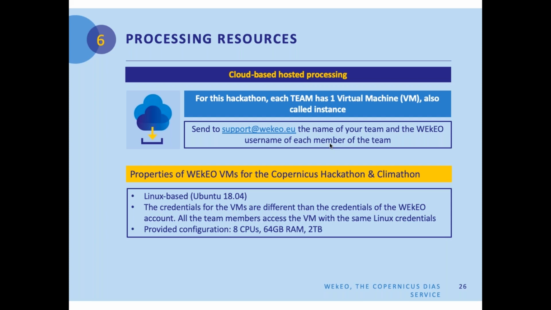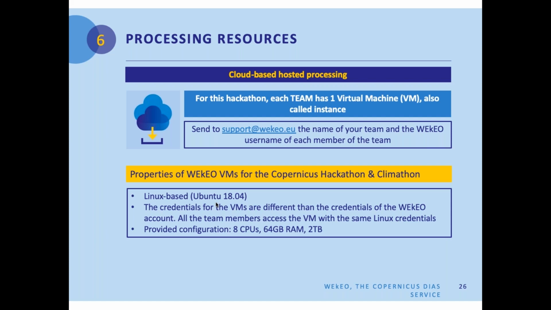As you might know, a virtual machine is software that runs on a cloud infrastructure. The idea is that in the virtual machine, you can access data and run applications as you would in a physical machine, with the advantage that you don't need additional storage for that, or another computer for that. So for this hackathon and Climathon, we will provide Linux-based virtual machines with the version Ubuntu 18.04.